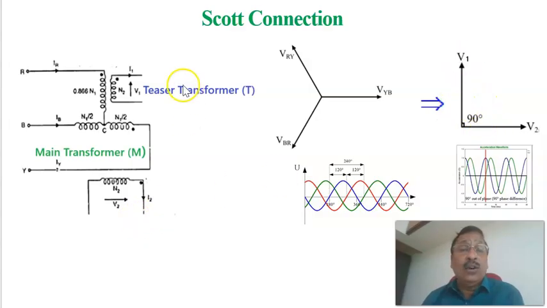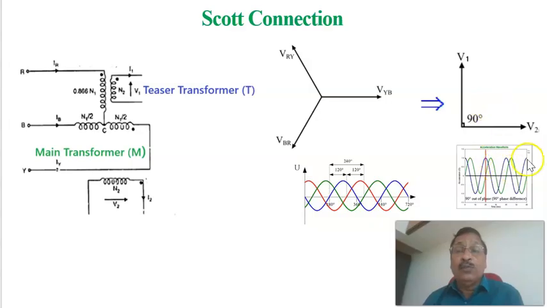The voltage across the teaser transformer secondary is leading the voltage across the main transformer secondary by 90 degrees. The magnitudes of V1 and V2 are both the same, but they are 90 degrees shifted.